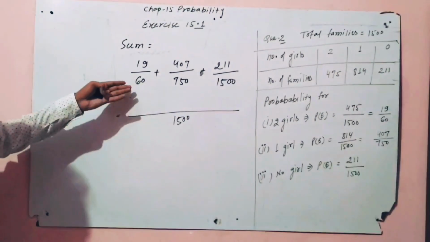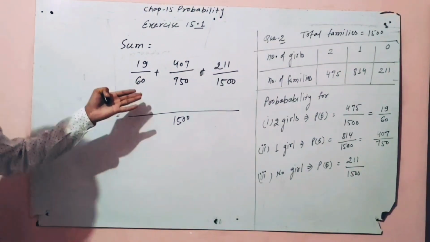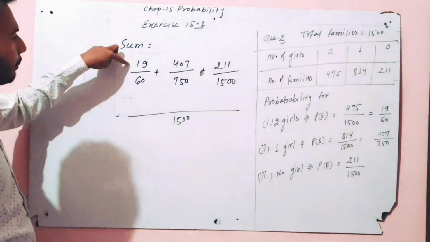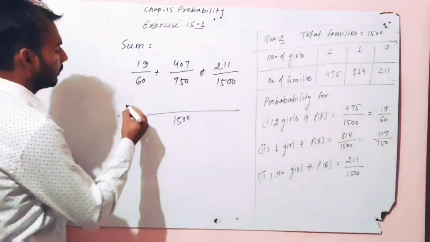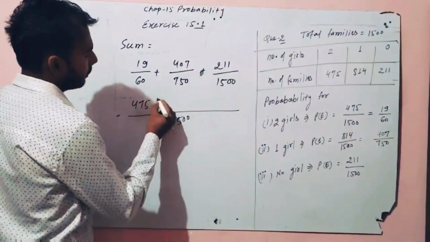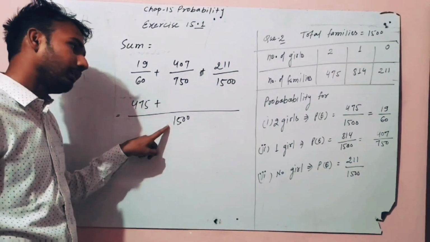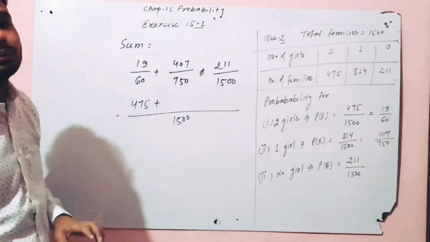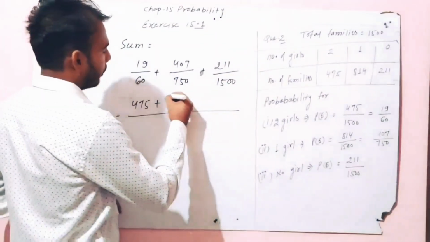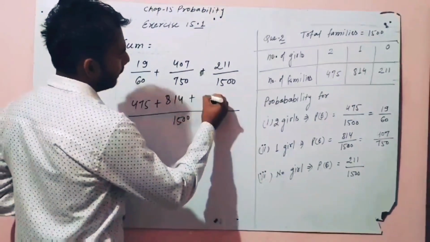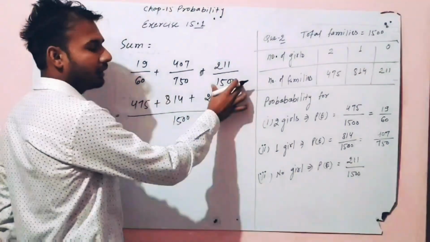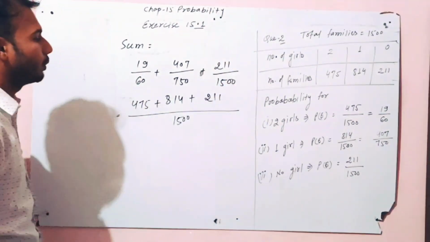So for 19 upon 60, you will multiply 60 by 25, then 1500 will come. So the upper number will also be multiplied by 25. So it will come 475. Same, 750 will be multiplied by 2, then 1500 will come, so this number will also be multiplied by 2. So it will come 814, and this has already 1500, so we multiply by only one, then 211.